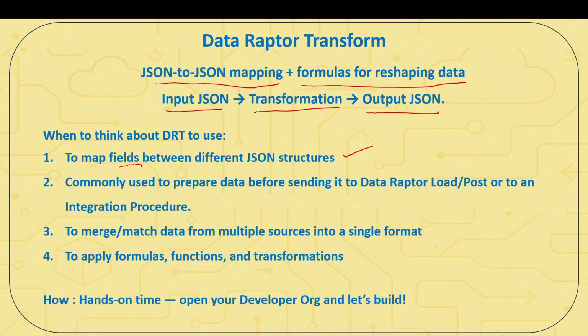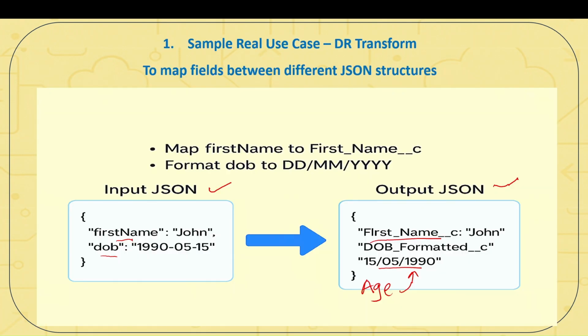So in such cases, we need to think about DataRaptor Transform. Similarly, there are some use cases. Let's see these use cases one by one and how we can use DataRaptor Transform to achieve these use cases.